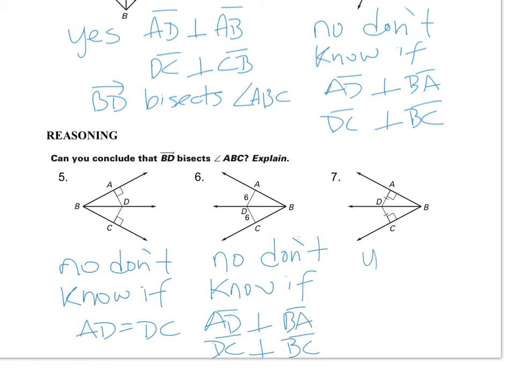In number 7, we do have both criteria. You have AD equal to DC, and then you do have the perpendicular relationships.